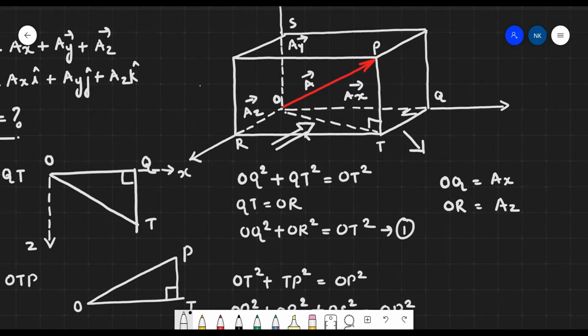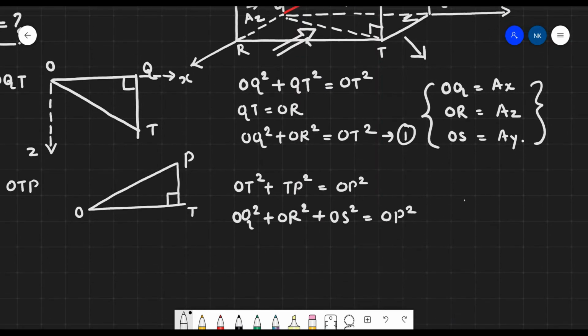OS is equal to Ay. So we need to now consider these values into our equation number 2.